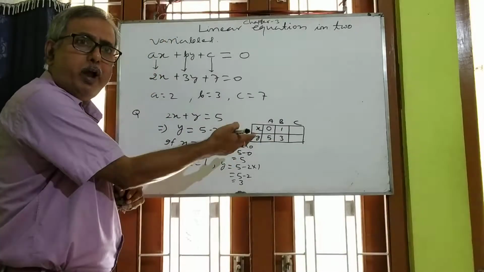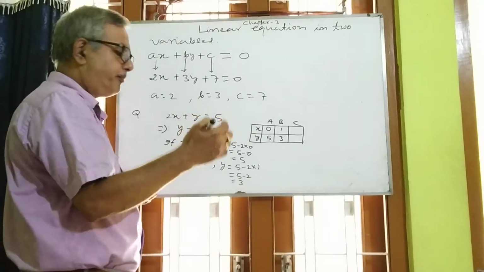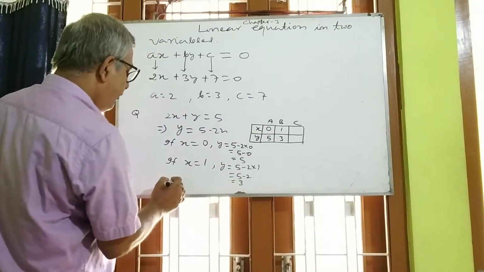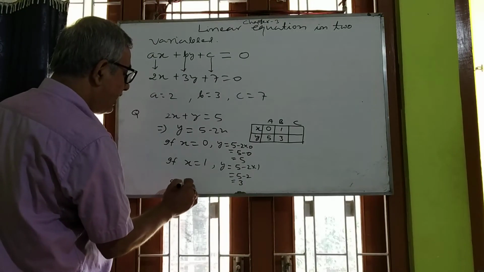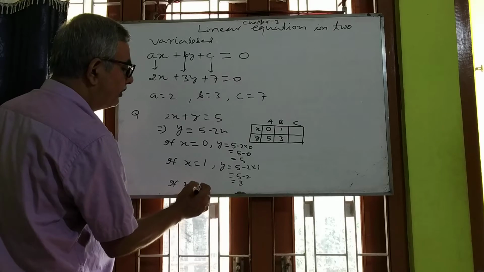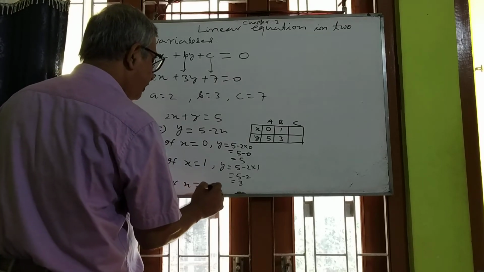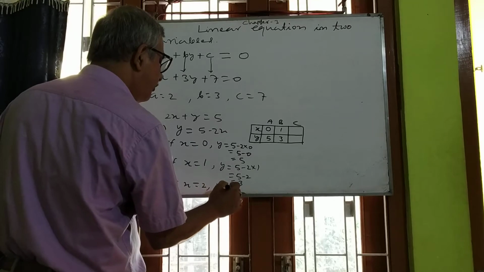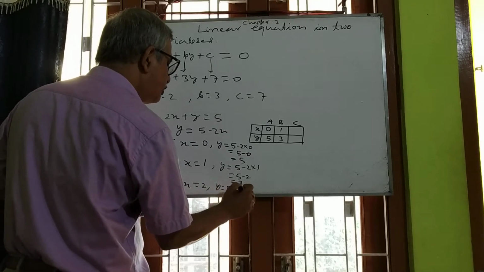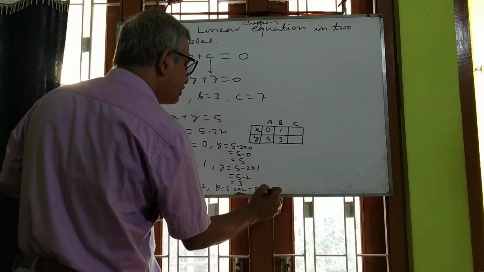Even with 2 points, you can draw the graph. But better you take 3 points. If x is equal to, what can you take? 2 you will take. Okay. Then y is equal to 5 minus 2 into 2. You are getting 5 minus 4 is equal to 1.